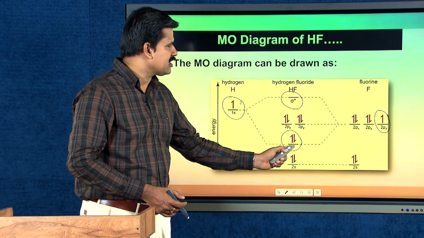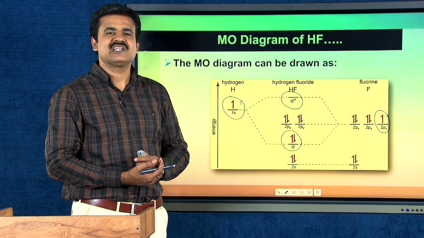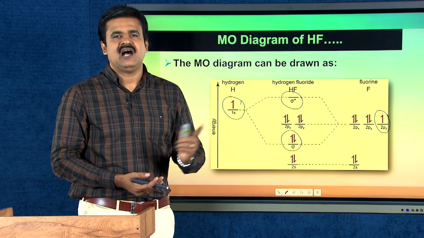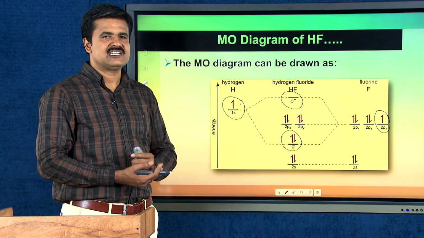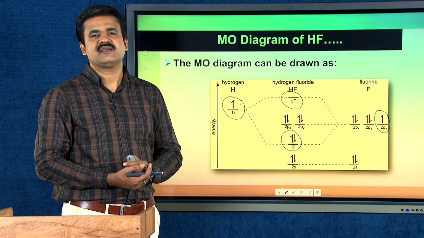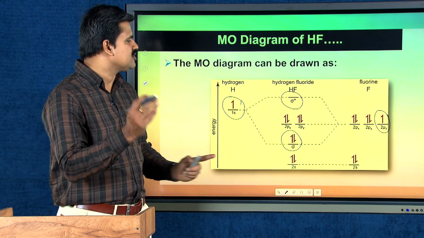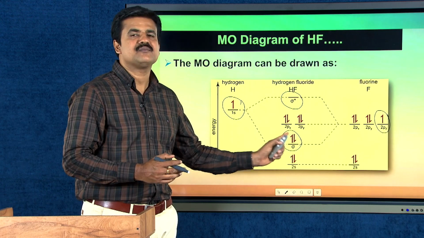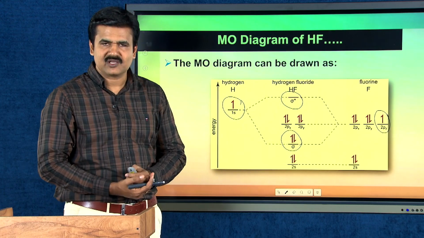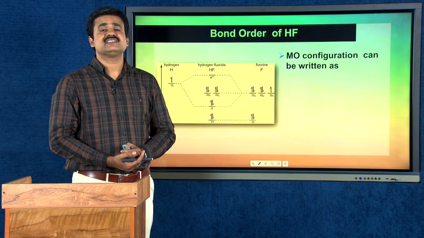Here you can see the electronic arrangement. In hydrogen, only one electron takes part in chemical bonding with the fluorine atom, and fluorine also contributes one electron. So those two electrons are filled in the sigma bonding molecular orbital, and you cannot see any electron in the antibonding molecular orbital. Now we are moving to the bond order of the HF molecule.